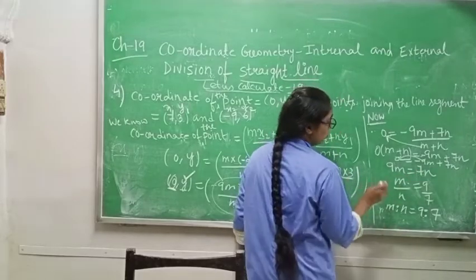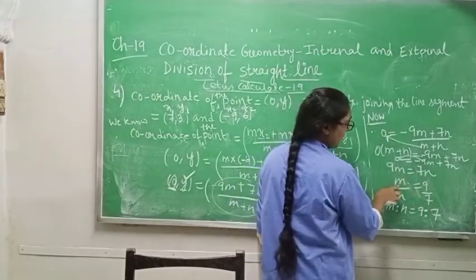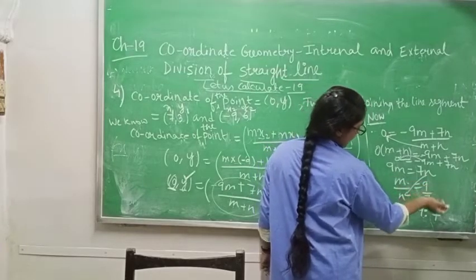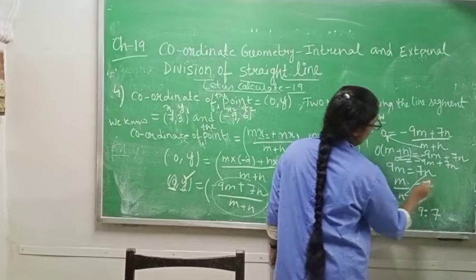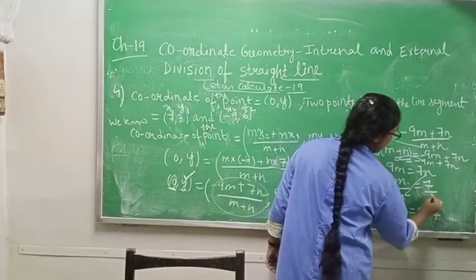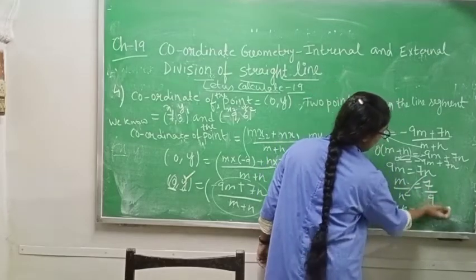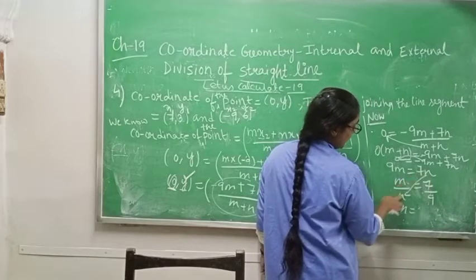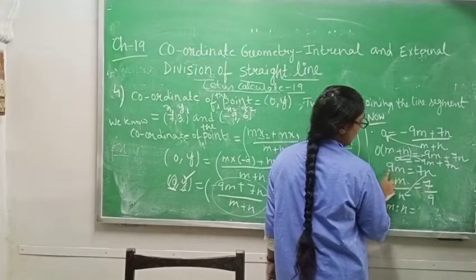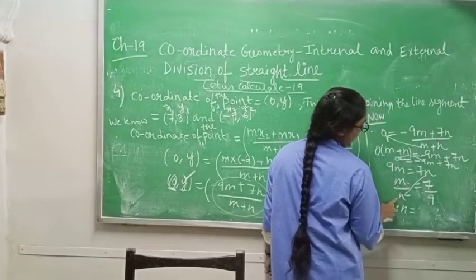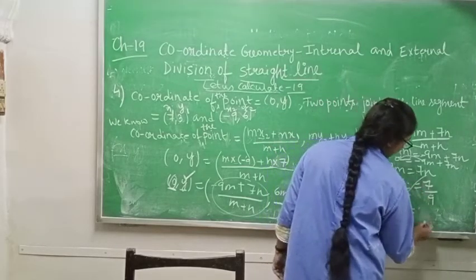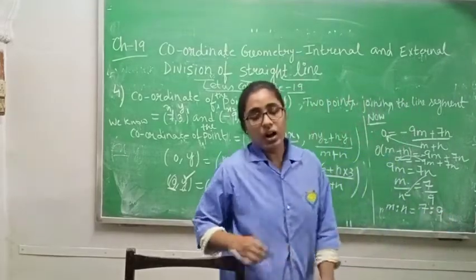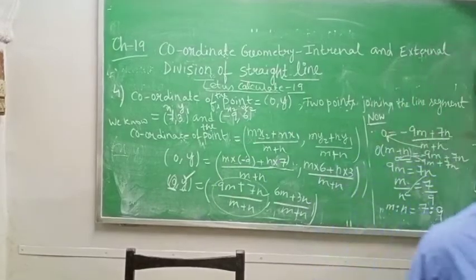Now I told you to do, you will write m as it is and n you will take down, and you will write 7 as it is, and you will take 9 down. Okay, understood? So what we are doing, I am writing m as it is, n I am taking down, 7 I am writing as it is, and 9 I am taking down. So m by n, we are getting 7 by 9, it means 7 is to 9 will be your answer. Okay, complete this one.